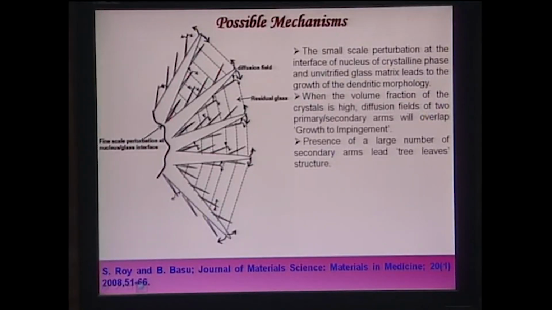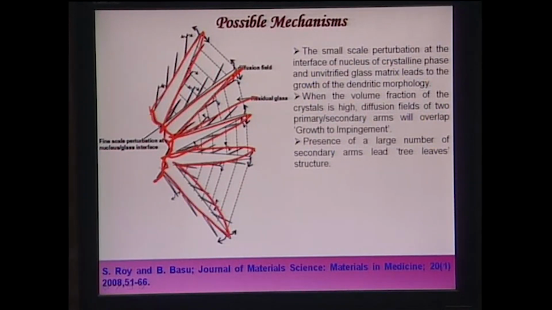Now what is the possible mechanism? The possible mechanism is that when the crystals are nucleated from the amorphous glass matrix, and if there is fine scale perturbation in the glass matrix, these perturbations will subsequently develop some kind of dendrites, and these dendrites will grow in the glass matrix.